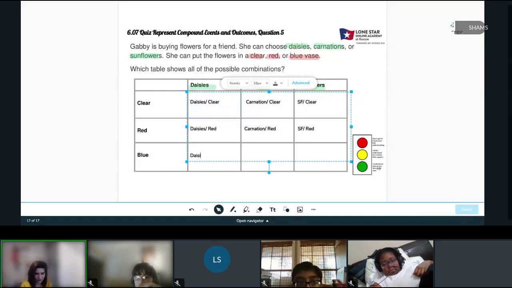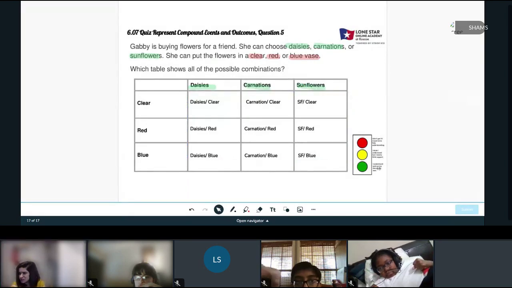She can put daisies in blue vase or her carnation in blue vase or her sunflowers in blue vase. So all of these were very much like math patterns or math riddle kind of questions. Did not have really any technicality, but here are the solutions.